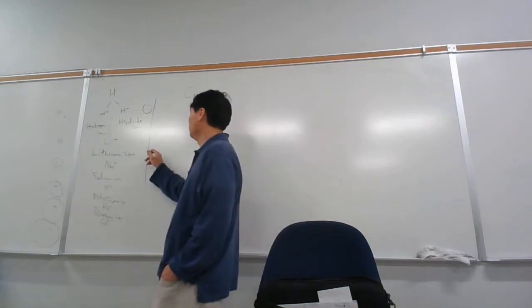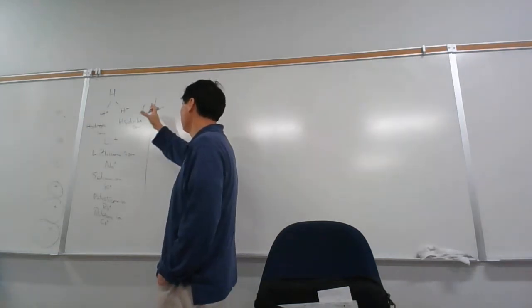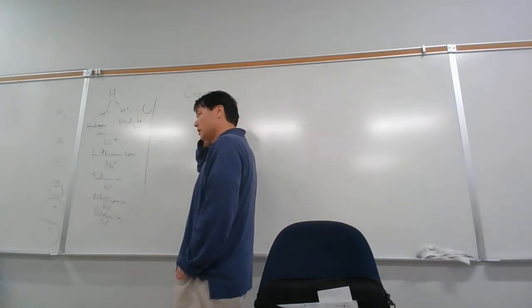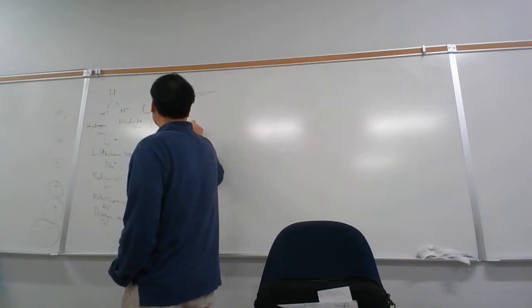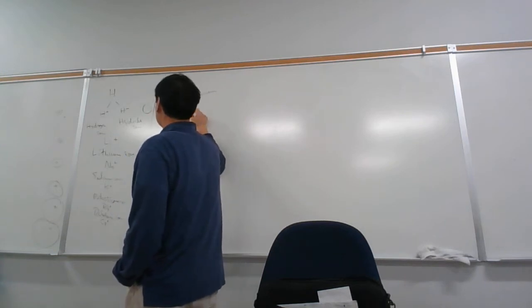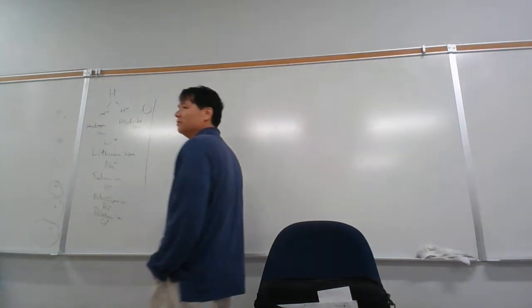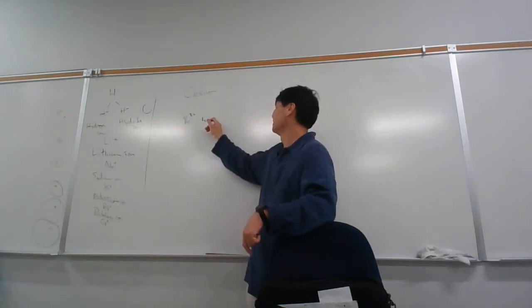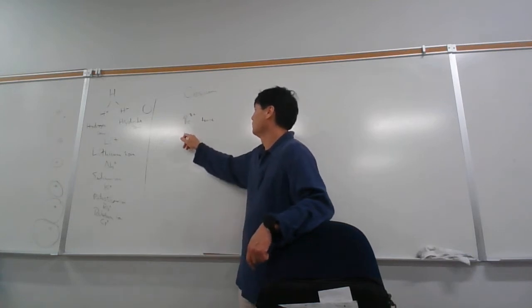Okay, next to lithium is what? In the same row, not in the same family. This family would be the column, but in the same row as lithium would be beryllium. And beryllium ion would have what charge? Beryllium is very toxic. We're not going to worry too much about beryllium. Underneath beryllium, we have magnesium.